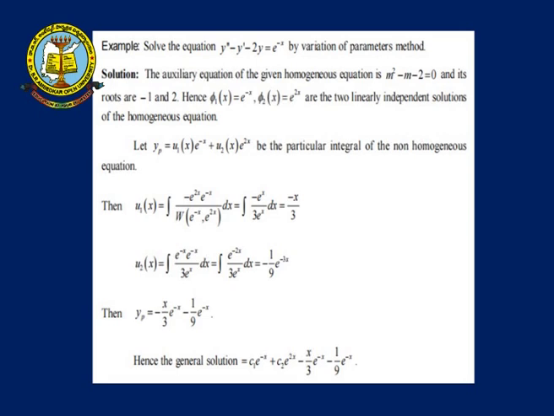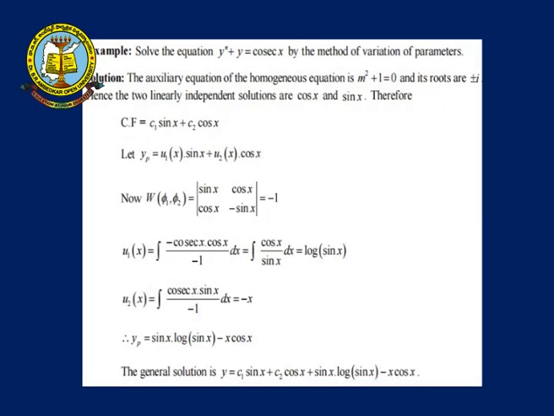Now for an example, with the same procedure, the complementary solution I identified and u1, u2 identified, the particular integral integrations substituted, and both complementary plus particular integral we can obtain. Here also I will identify the Wronskian determinant, then substitute the integrations for c1 and c2. Here, for non-homogeneous linear differential equations of the second and higher order with constant coefficients, identifying the particular integral is the main concept.